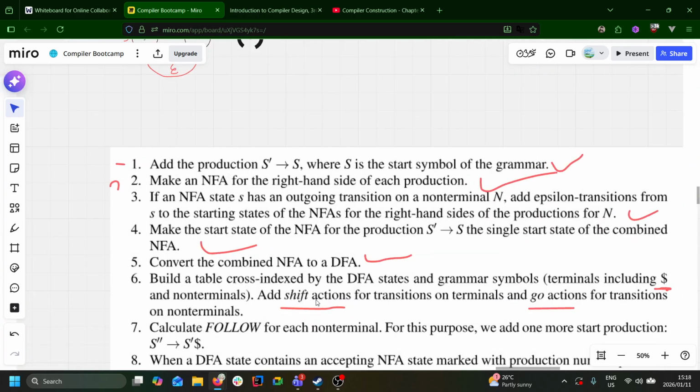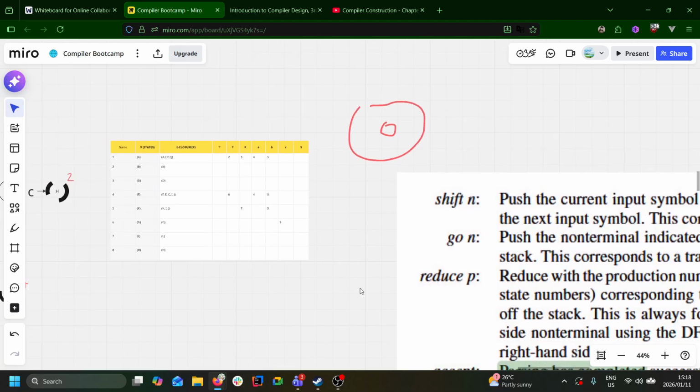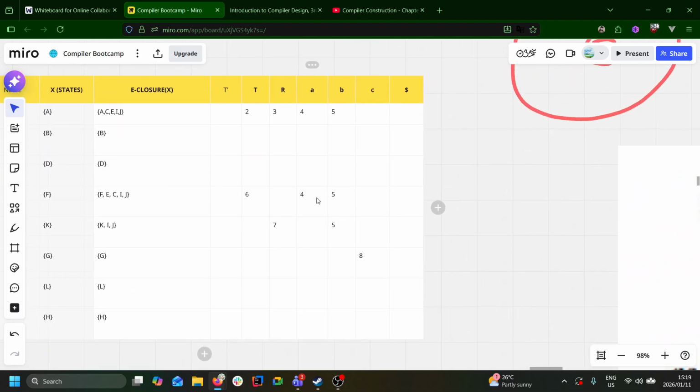So for every terminal, we're going to add a shift in front of it, in this format: shift N. These over here are our terminals, at least this side of the table is. We say shift 4, and we add a shift over here.